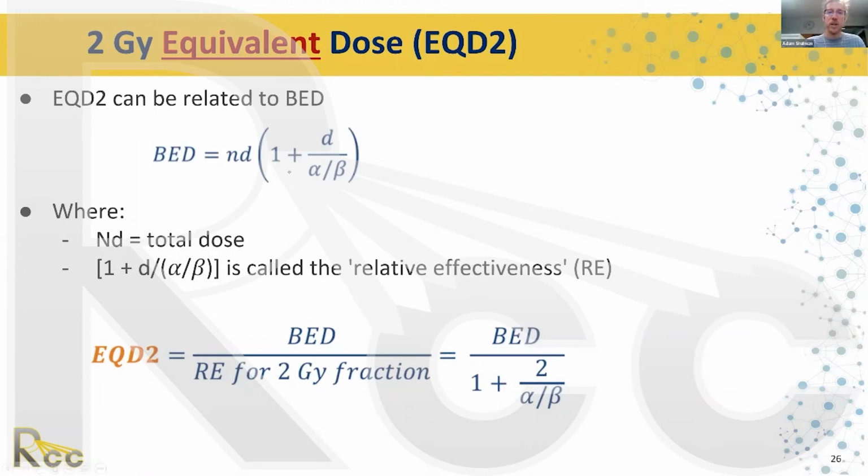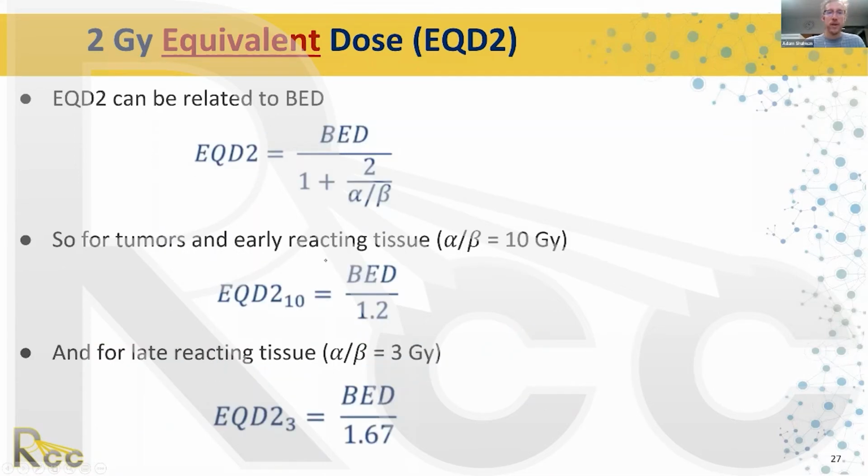Again, just taking BED for one fractionation and then saying BED for 2 gray, where you substitute 2 gray here and 2 gray times number of fractions, total dose EQD2, equals the other BED, and solve for variables. Quite easy.